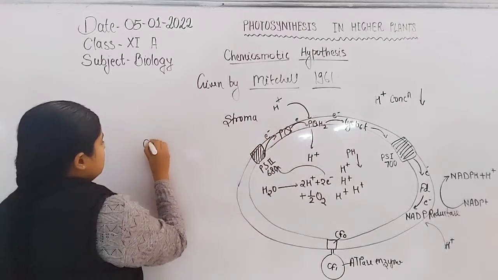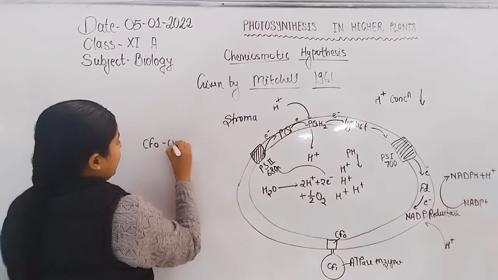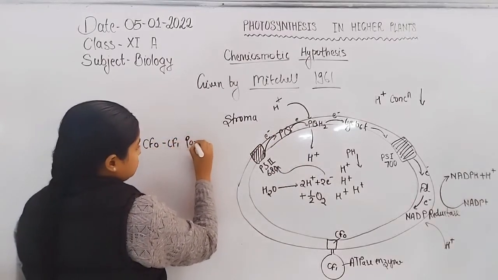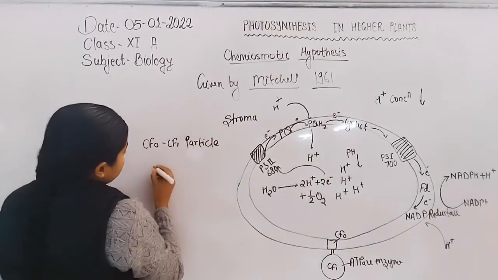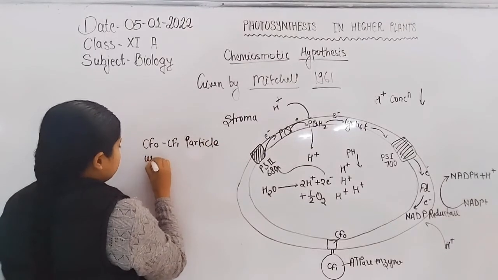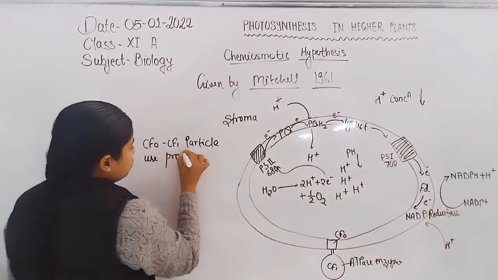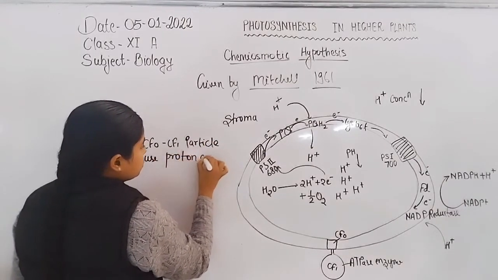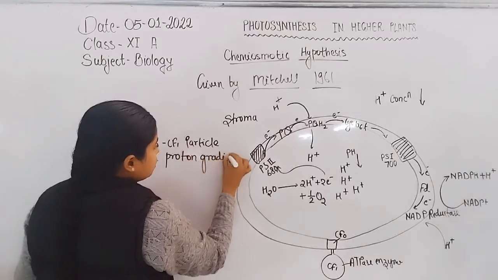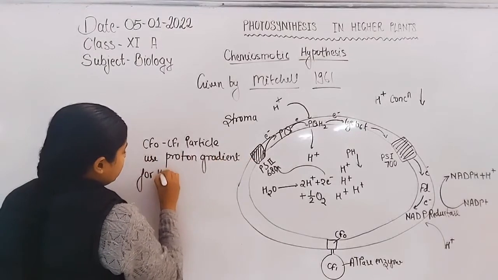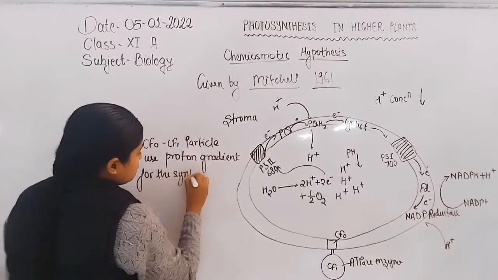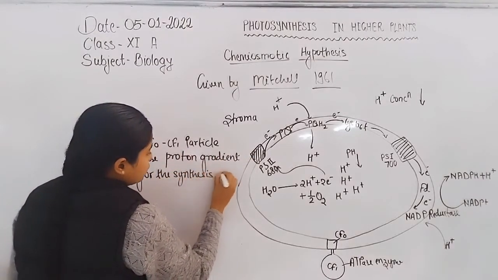So the CFOF1 particle uses the proton gradient for the synthesis of ATP.